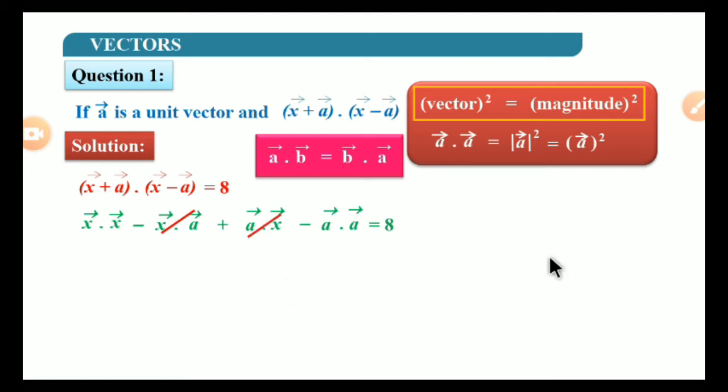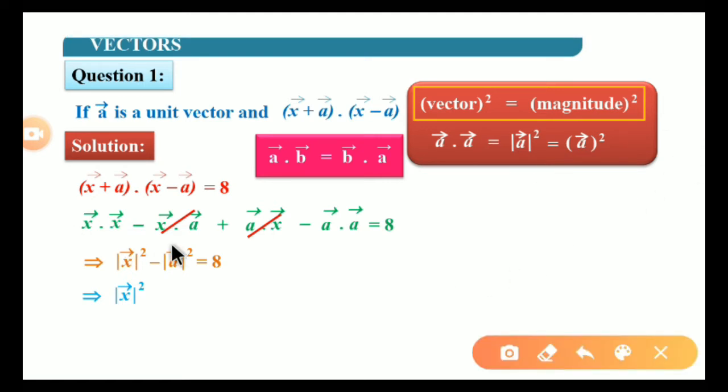Now the remaining terms are x · x, which means the magnitude of x square, minus the magnitude of A square, that is equal to 8. Now we will keep this magnitude of x square in the LHS part and transfer the magnitude of A square to the right hand side.